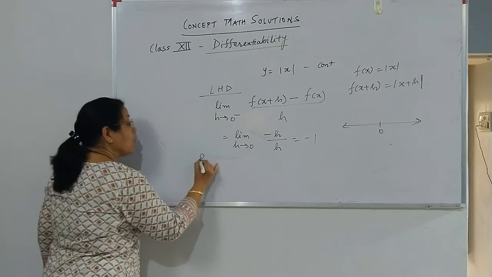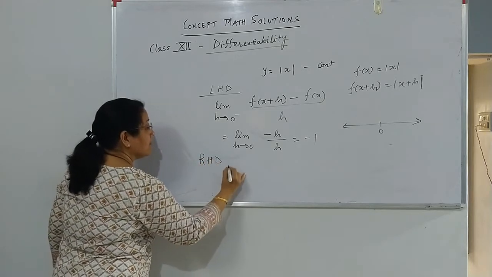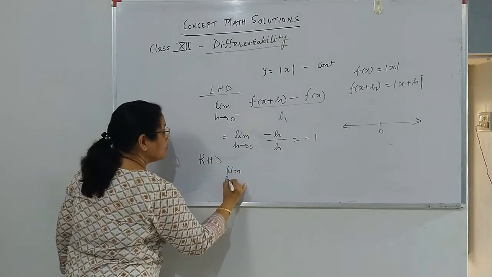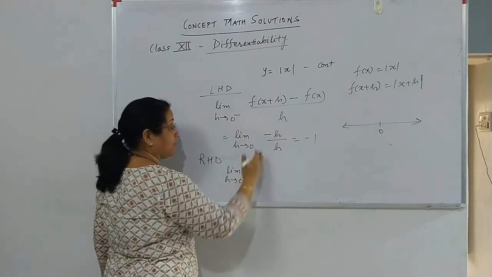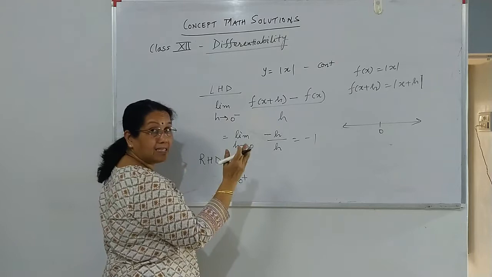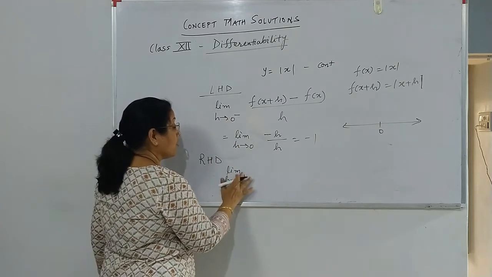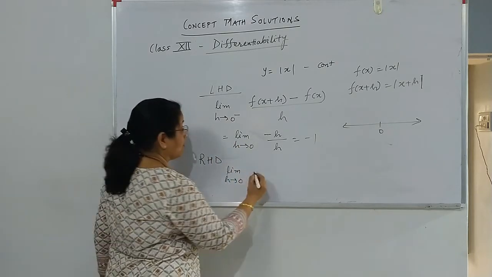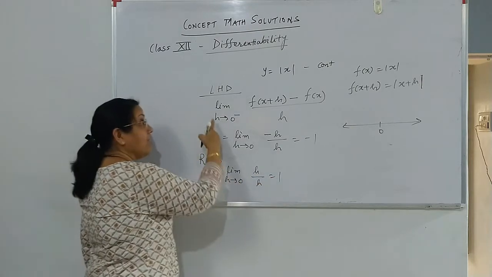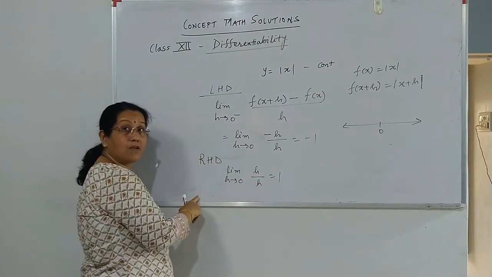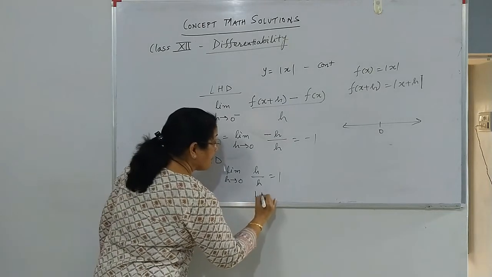If I work on the right-hand derivative, limit h tends to 0 from right, again the same definition, f of x plus h minus f of x upon h. So if I go on the right of 0, this becomes h by h, and that's 1. Left-hand derivative is not equal to right-hand derivative.